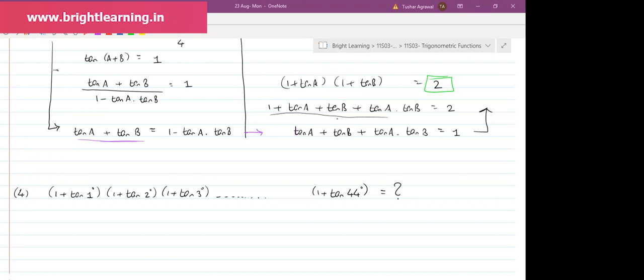Okay. Anybody who wants to explain, even if you are unable to get the complete answer, even if the final answer is not ready, anybody wants to say how to start? So this will be the first step. How to proceed?